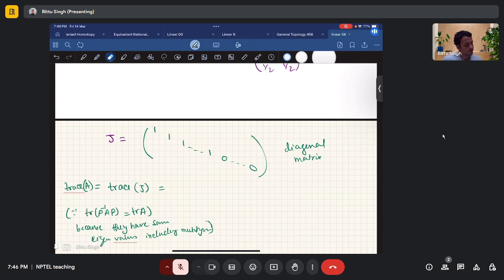The trace of A and trace of J are the same, and the trace of J is the same as the number of ones that appear in the Jordan form.